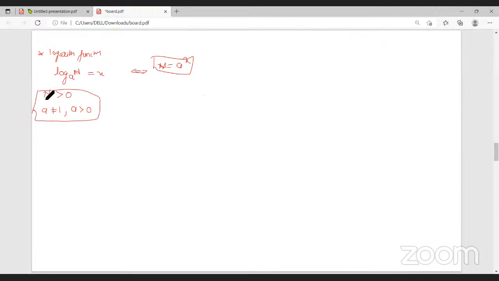But why are we applying these conditions? What if n is less than 0? Suppose n is a negative number, like log of minus 1 to the base 2. Why can we not take a negative number inside the log? Why can we not allow this negative number inside the logarithmic function?